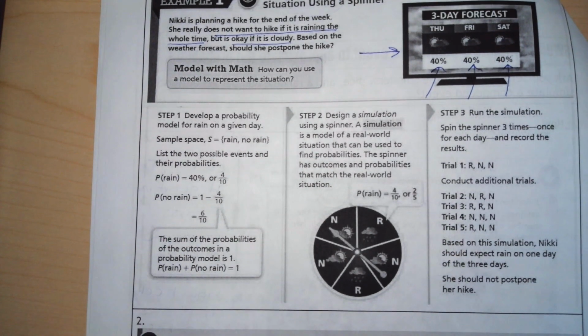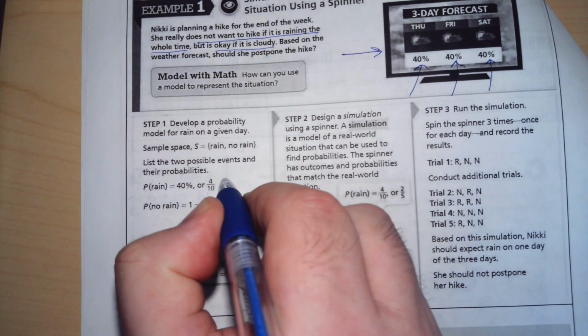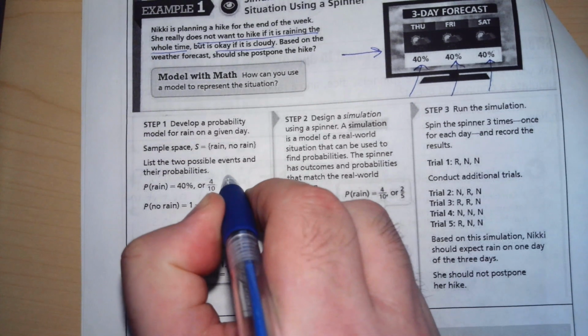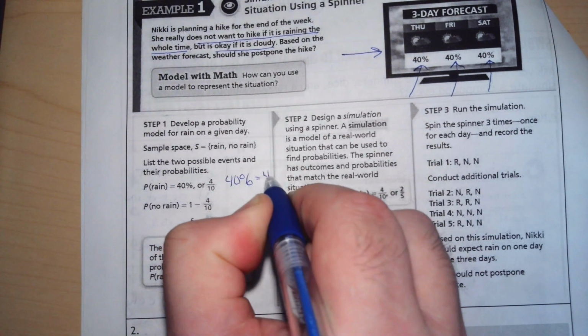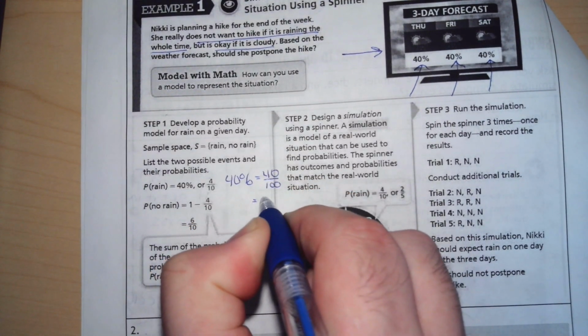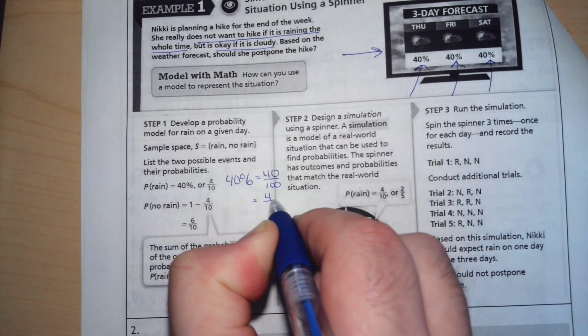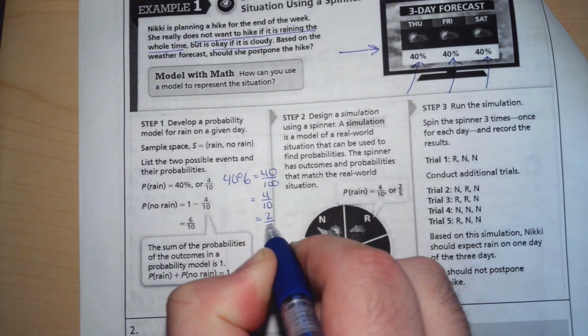First we're going to develop a probability model for rain on a given day. 40% is equal to 40 over 100, which equals 4 over 10, which equals 2 over 5.